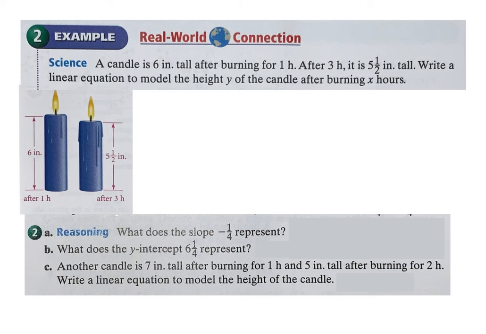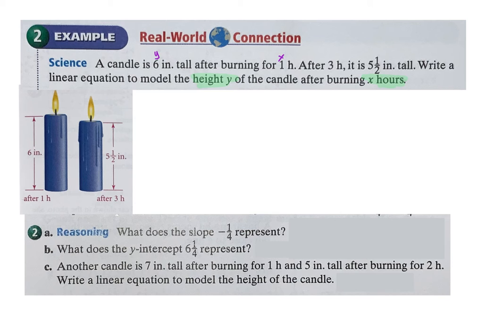So what did they just tell you? They told you, well, height is Y, hours is X. So pay attention when they give you variables because they're kind of giving you a hint as to what's going on here. So that means based on what they just told me, I have a Y here and an X here.